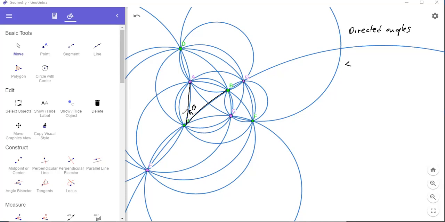So this angle here in that direction is, let's say, 30 degrees. In that case, we'll say BHA is 30 degrees. But if we look at it from the other direction, you get a negative angle.